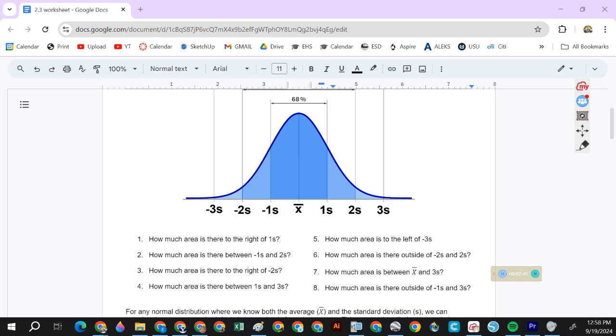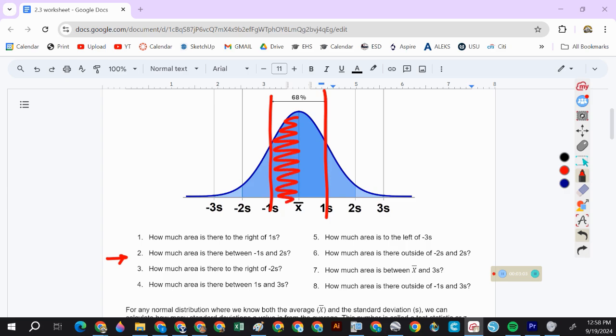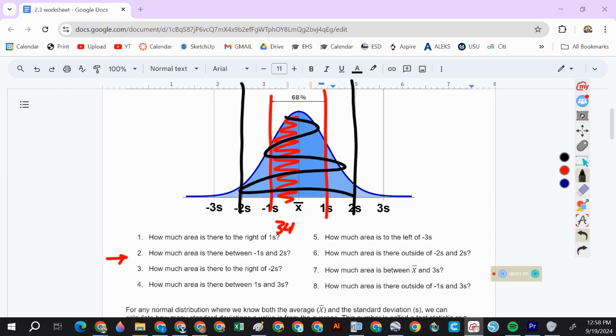So, how much area is there between -1 and 2? So, how much area is in there? 68. So, how much area is in here? 34. 68 divided by 2, right? Okay, let me switch colors. How much area is in here? 95, right?